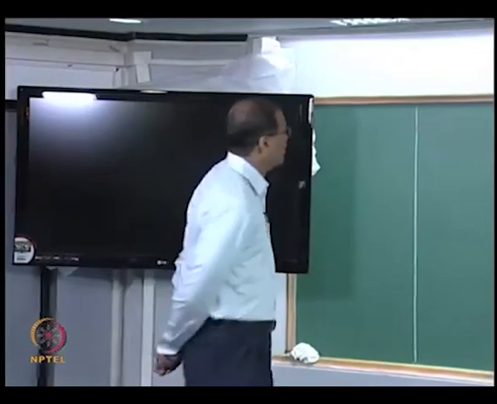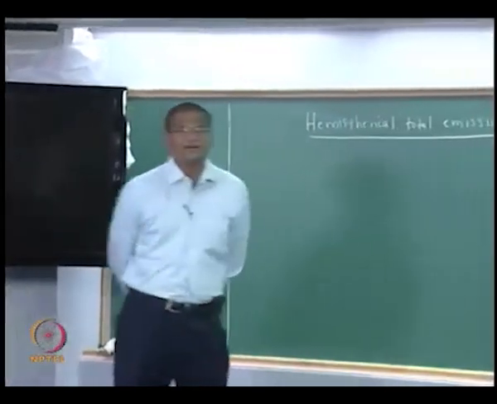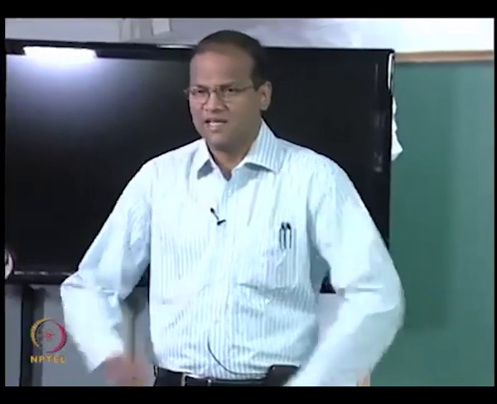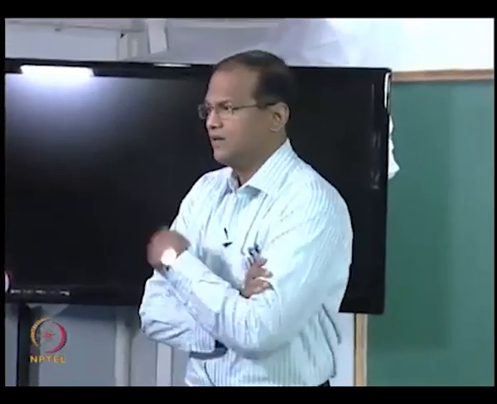Okay, so we will continue the discussion on definition of various types of emissivity. So we started with the spectral directional emissivity yesterday, then it is epsilon lambda dash, right.